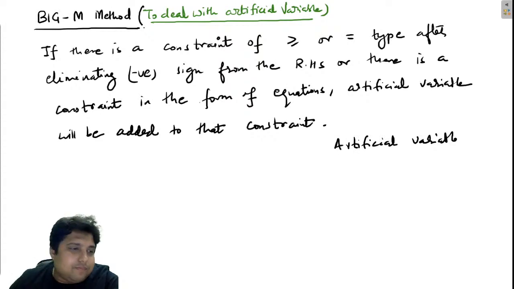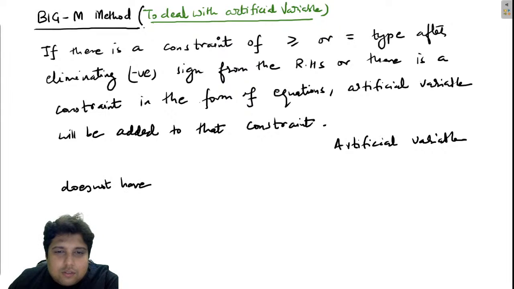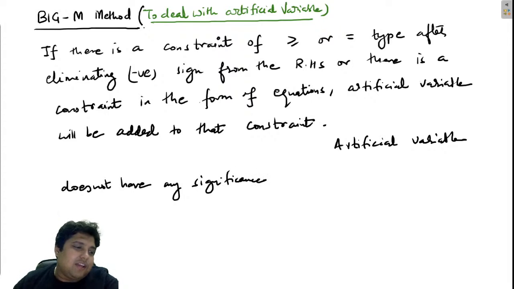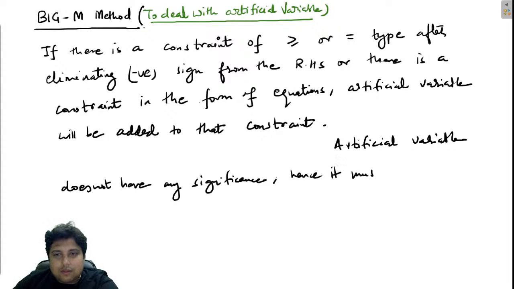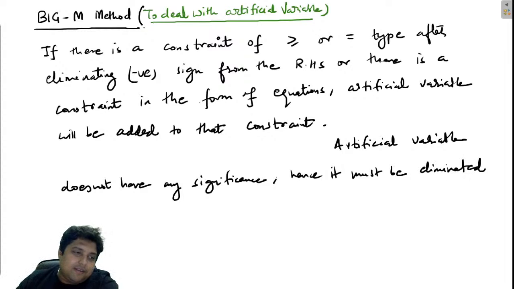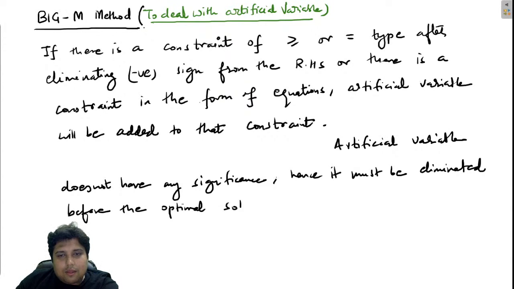Artificial variable does not have any significance, hence it must be eliminated before the optimal solution is obtained.